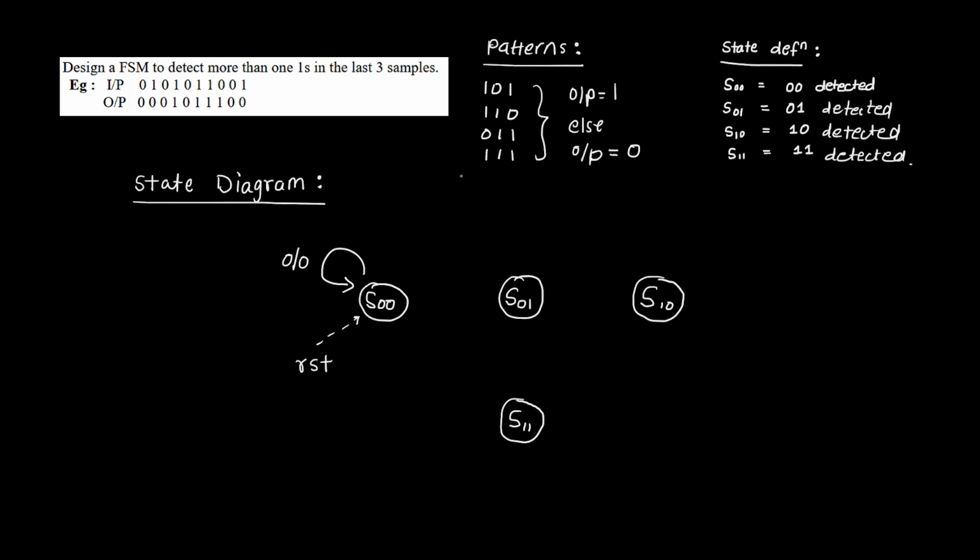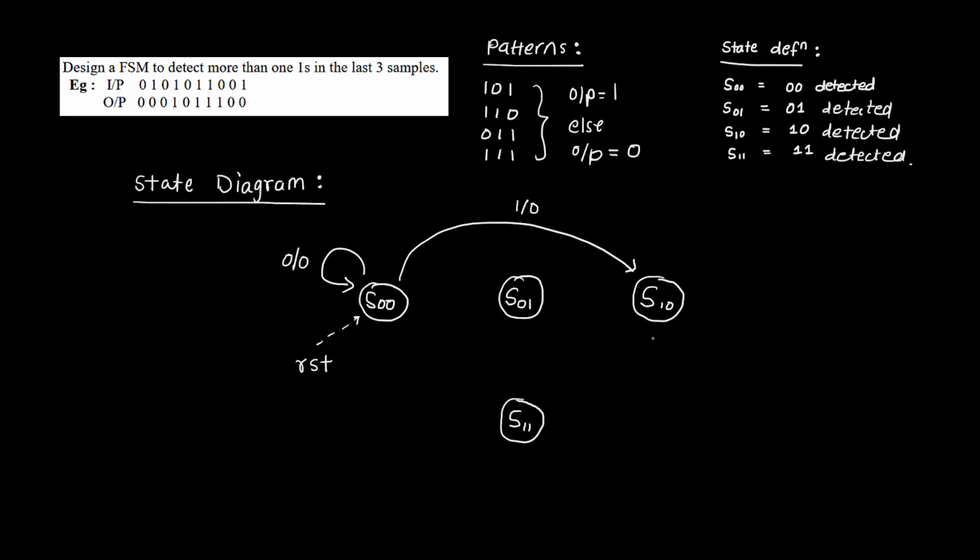Now let us see all these four patterns one by one and try to map them on our state table or state diagram. So let me begin with 0, 1, 1. If 0 has come, it will be in S00. If 1 comes, then it will move to S10. Output will be 0.